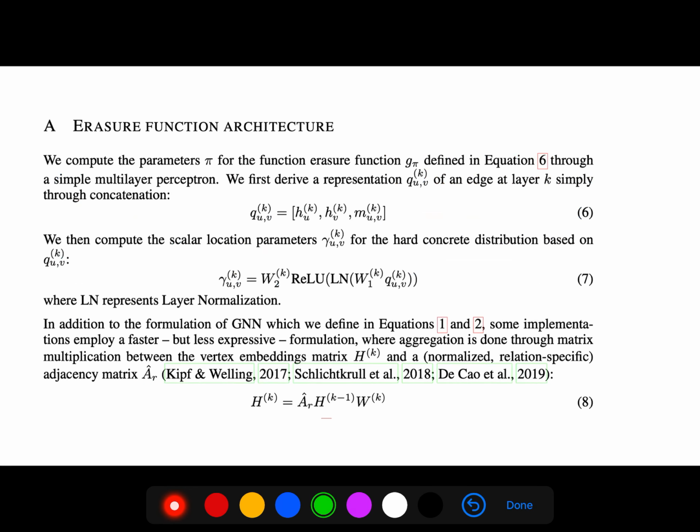That's the idea. We first derive a representation of an edge at layer K simply through concatenation. We then compute scalar location parameters for the hard concrete distribution. So this is layer normalization here. So everything is standard.